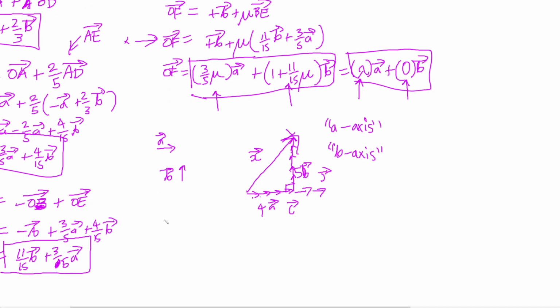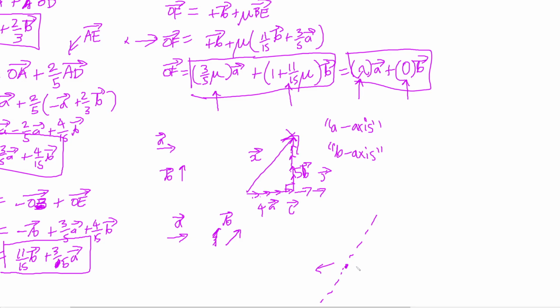But even if they're not perpendicular, say A was like this and B was like this, you would have some line of B's of any amount. So say this is just a line of B's that you can reach from a certain A point.